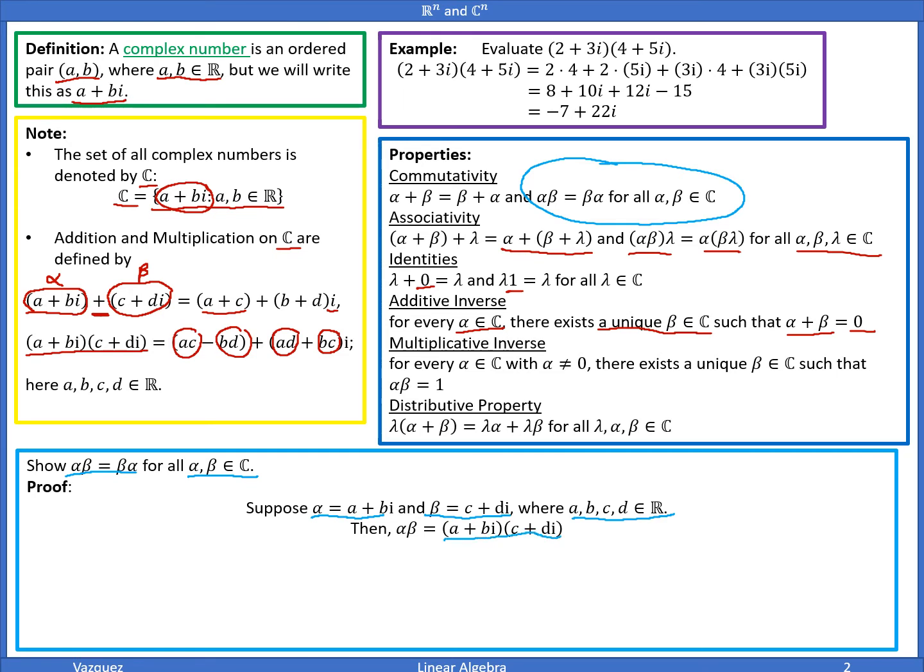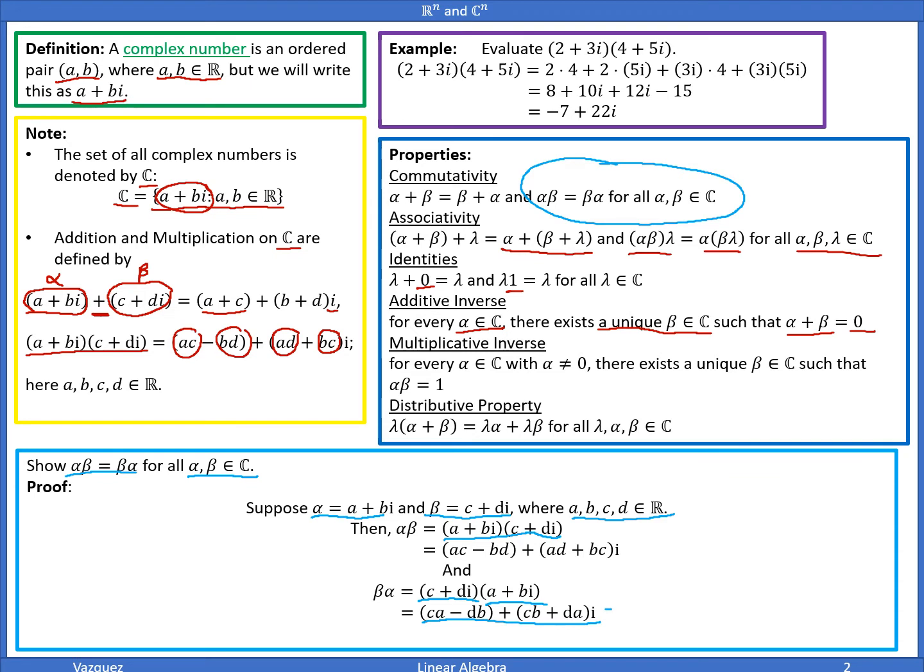Again, following our steps for multiplication from the yellow box, we get this product, two terms. And now if we multiply beta times alpha, here's beta, here's alpha. If we multiply those two out, we get this product.